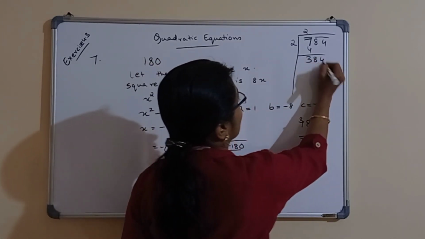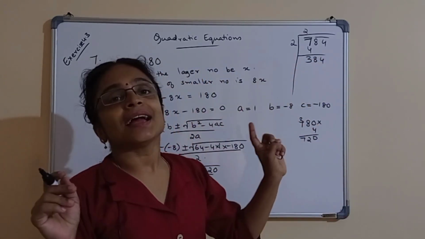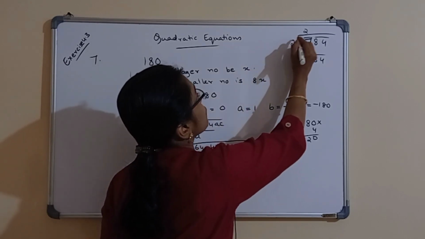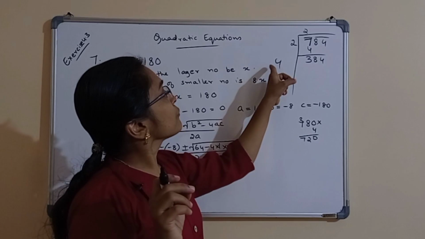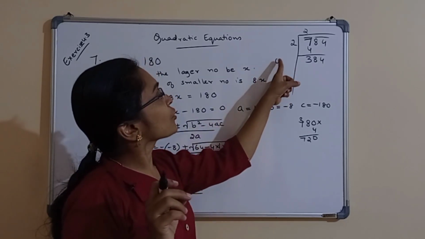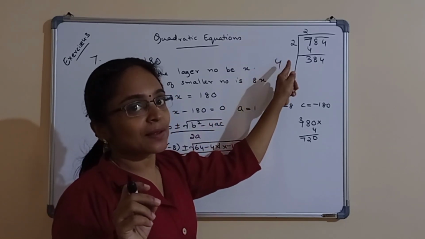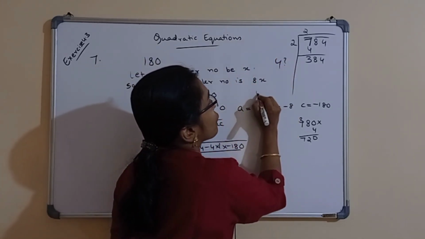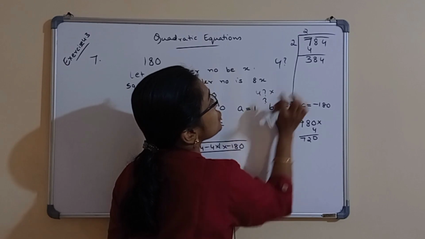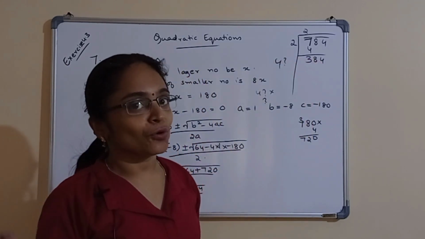Then write this 84 down, and now 2 plus 2, 4. Now find the number such that it will be 40 something, right? That number into this should be equal to 384.